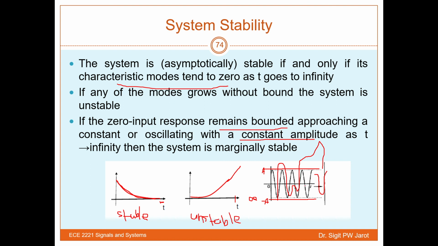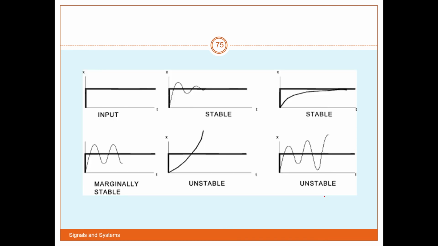So this is marginally stable. That means it has a limit, bounded, and only goes to a certain amplitude, not more than that. Okay, let's see this example.